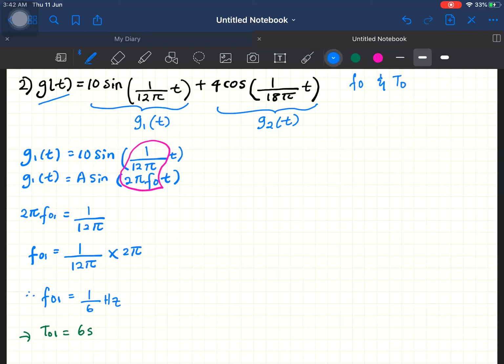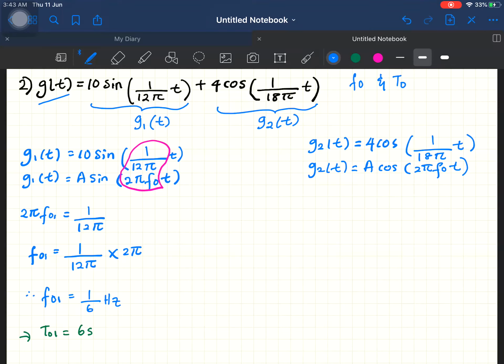On the second signal, g2 of t is 4 cos of 1 over 18 pi t. Again you can write the general form of the cosine function as A cos 2 pi f naught t, and you can make this part equal.